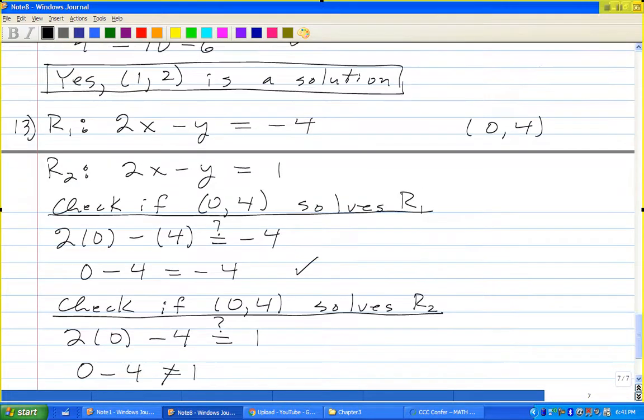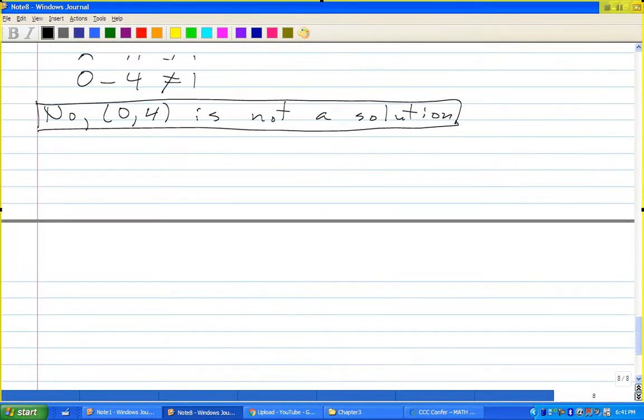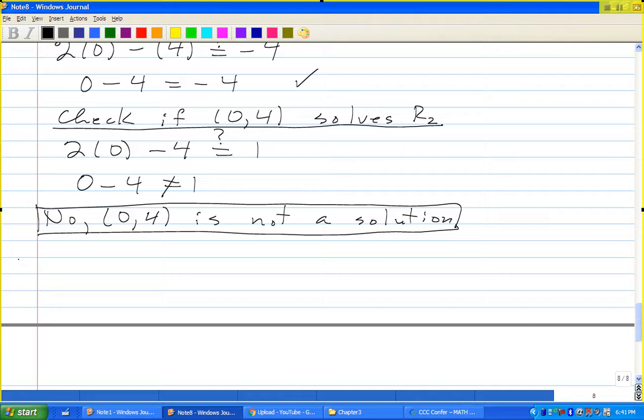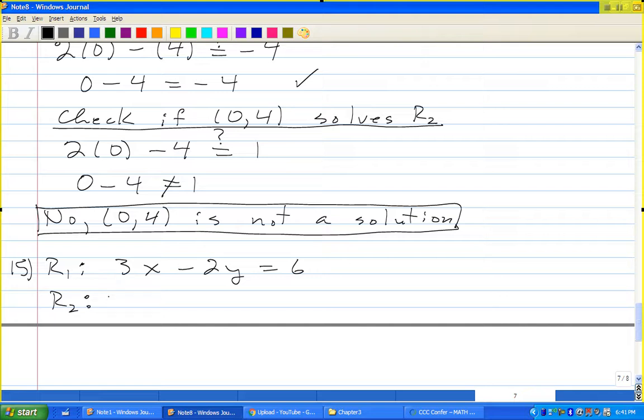Let me do problem number 15. 3x minus 2y equals 6. 9x minus 4y equals 24. And so, is (4, 3) a solution?